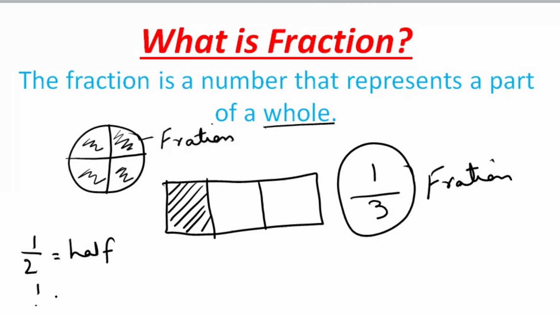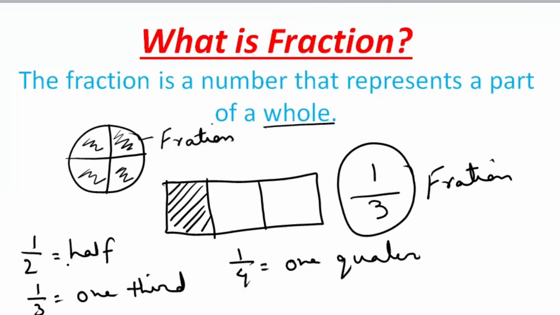1 by 3 is called one-third. 1 by 4 is called one-fourth. Okay, these are the terms used in fractions. Half, one-third, one-fourth. Okay, or if it is 3 by 4, it's called three-fourths.